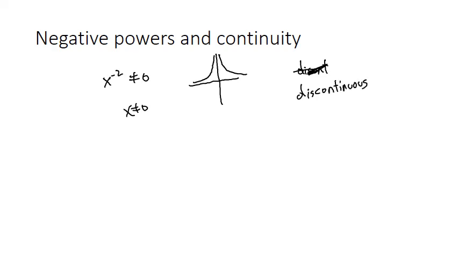And our discontinuity here is going to be something that we cannot remove. It's not like there's just a hole that we can fill in. So our discontinuity here is non-removable. So this is what a non-removable discontinuity looks like. And it's at x equals 0.